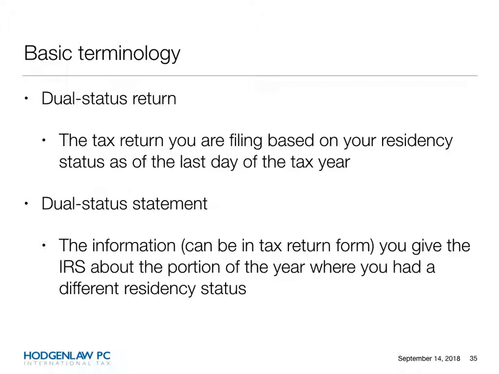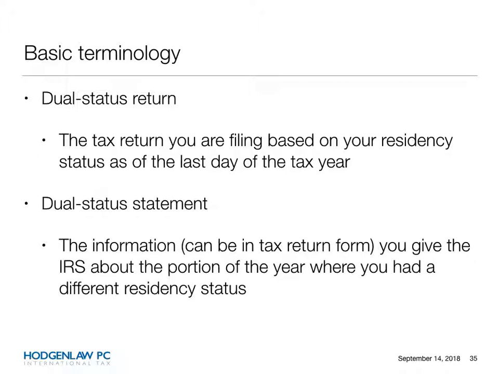So there are two parts to the dual status return. The first is the dual status return itself. It's either a 1040 or a 1040NR based on your residency status as of the last day of the tax year. So 1040 if you're a resident at the end of the year, or a 1040NR if you're a non-resident at the end of the year.